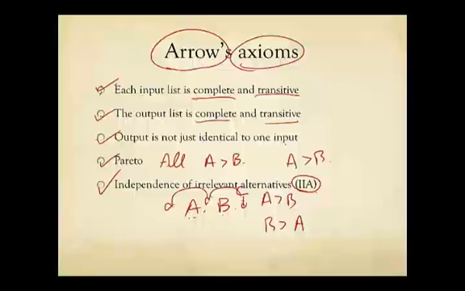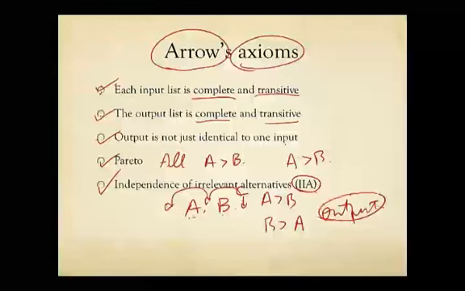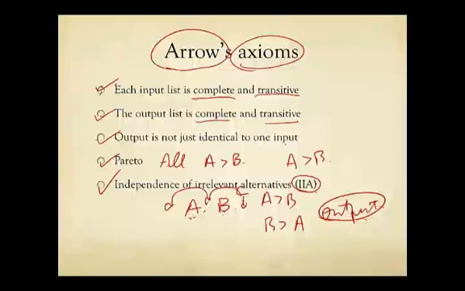Because where C lies is irrelevant to the A-B comparison. A is still better than B, and B is still better than A in different people's minds. So the output decision between A relative to B should not depend on where C sits.